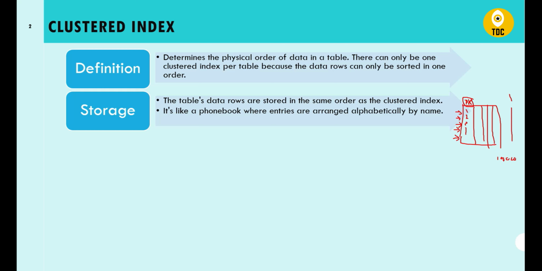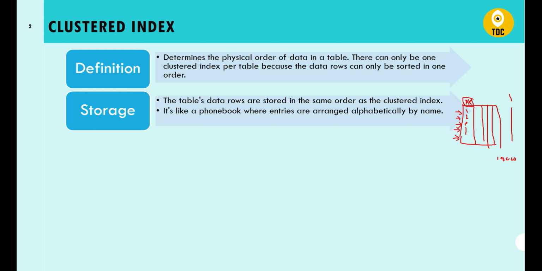So basically indexing is like a pointer to access or retrieve the data in a faster way. This clustered index acts as that retrieval key, which is a primary key in this case, and the data will be sorted and stored in that particular order. Let's take the example of a phone book, where the entries are arranged alphabetically by name.